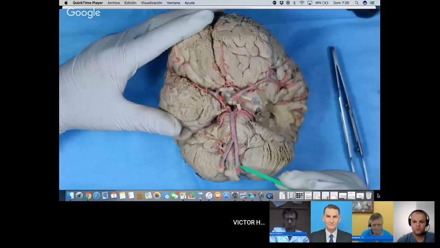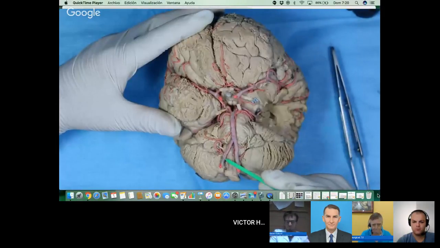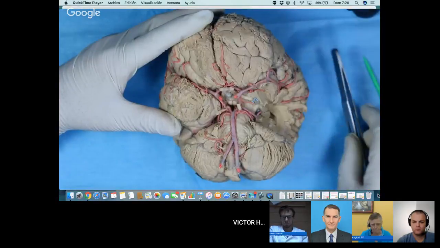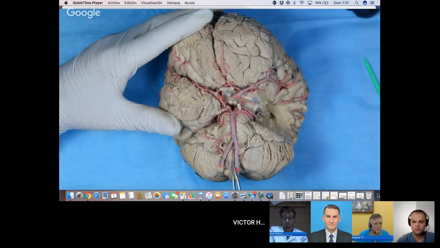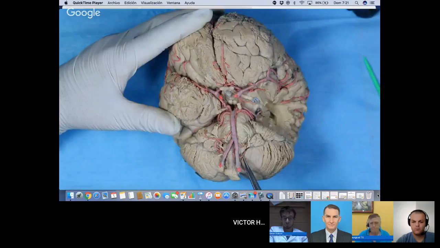These are the vertebral arteries, left and right. Posterior inferior cerebellar artery. This is a very small artery, the anterior spinal artery coming from the left vertebral artery.